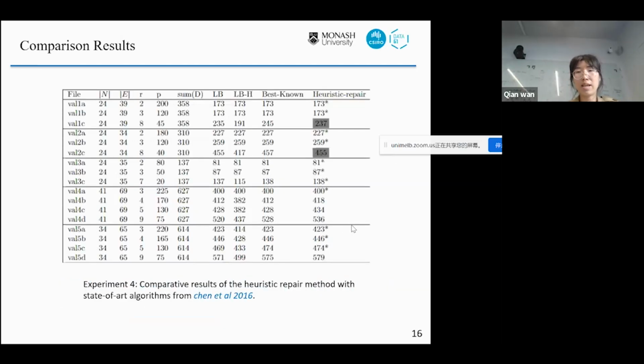Okay, and we also make a comparison with a set of classical capacitated arc routing problem datasets, first designed by Belenguer and Benavent. These instances have been generated by varying the capacity of the vehicles.